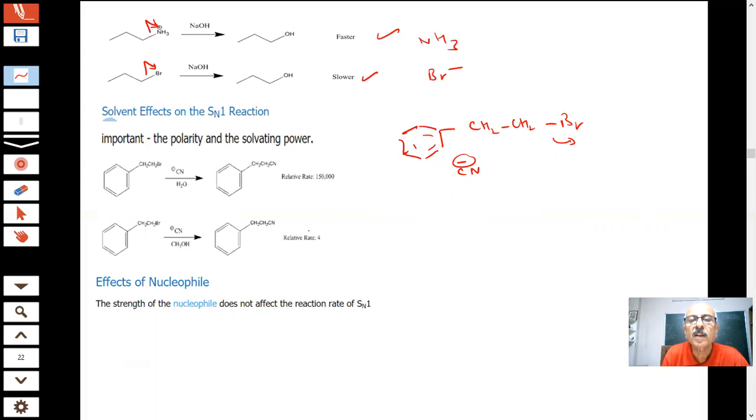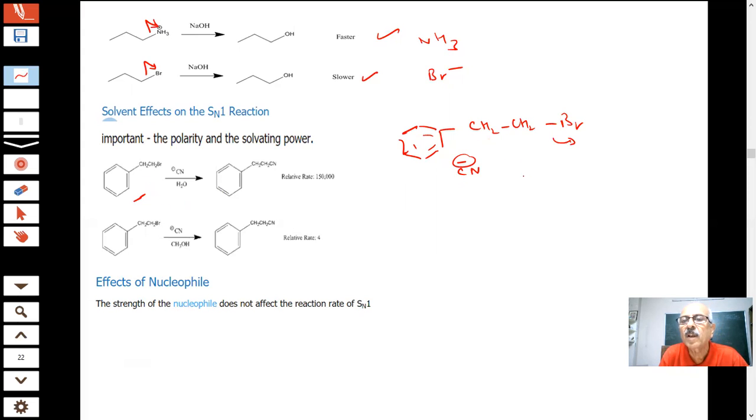This is much higher than this if I use water as a solvent, and if I use CH3OH, then the rate drops. Water has high polarity and high solvating power.